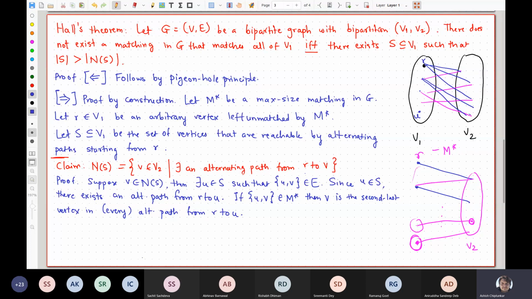And the only matching edge incident on U is this edge UV. So that must be the last edge traversed, which means that V must be the second last vertex in any alternating path from R to U. Is that okay?